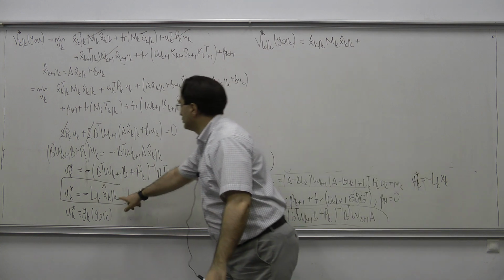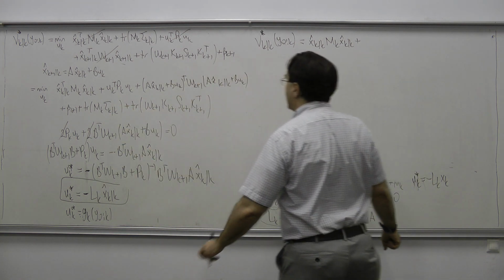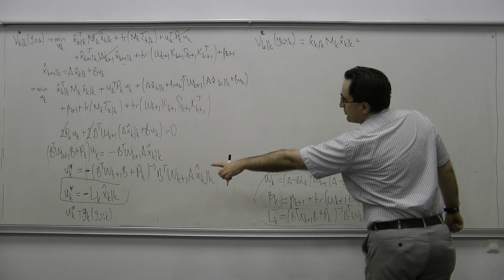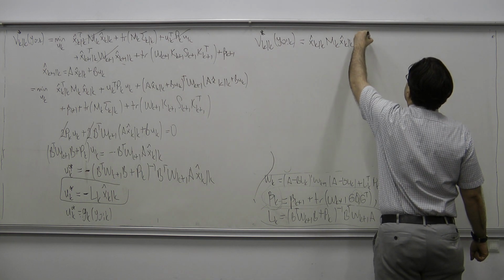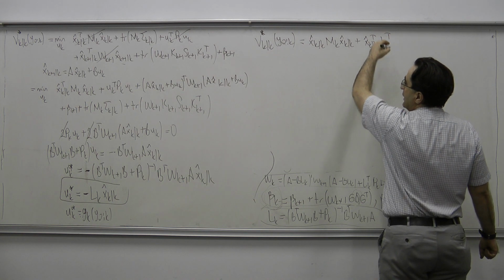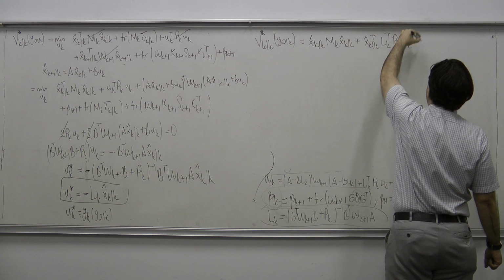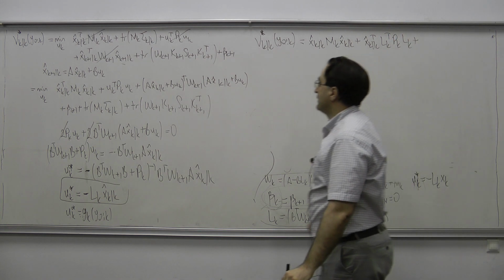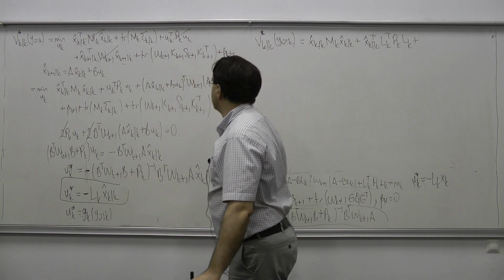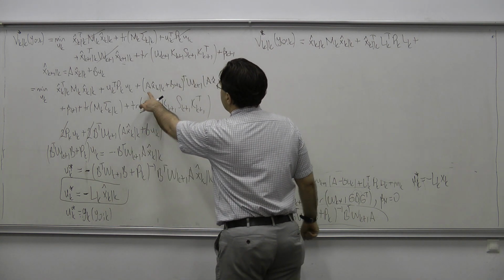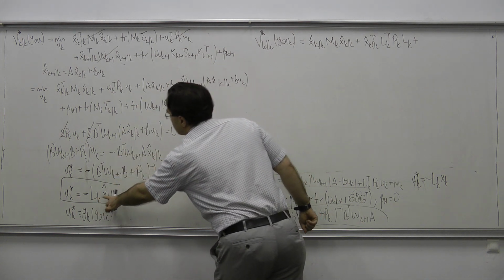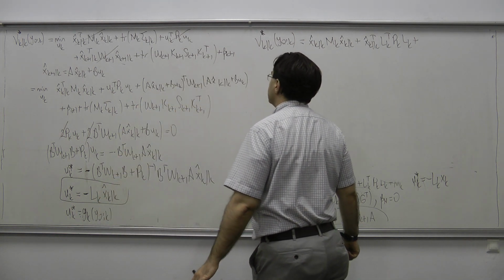I will replace uk with this optimal value, and it's going to be x at k given k transpose, Lk transpose, Pk, Lk, plus here I would replace uk with its optimal value, minus B Lk times x at k given k.